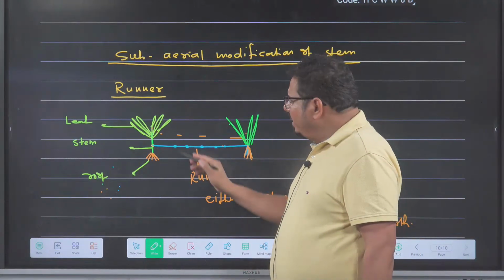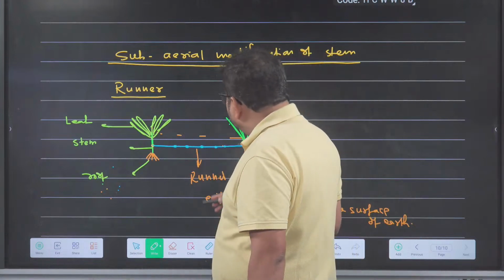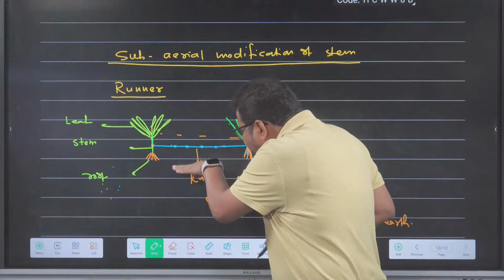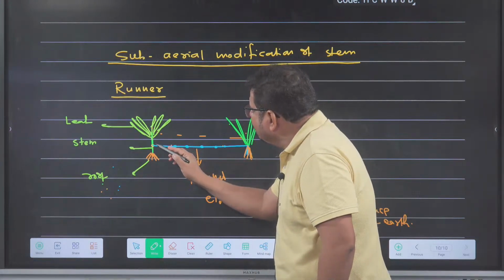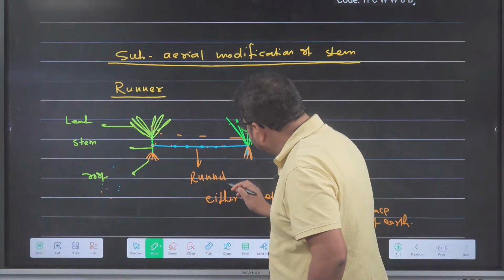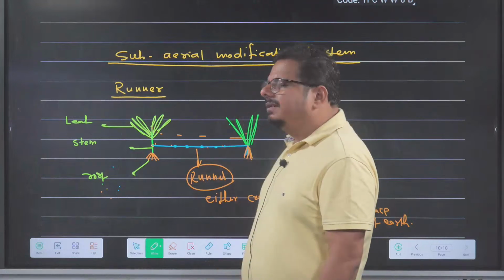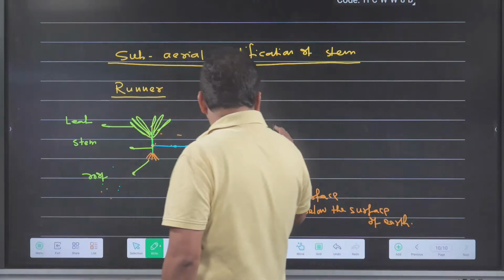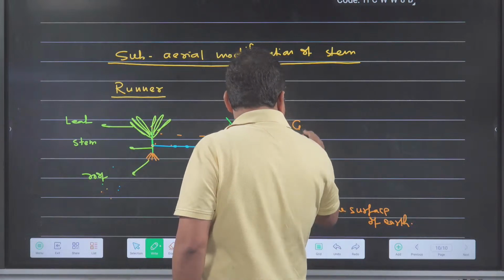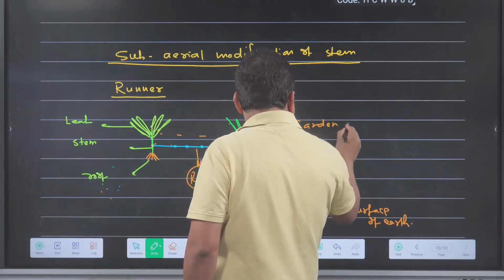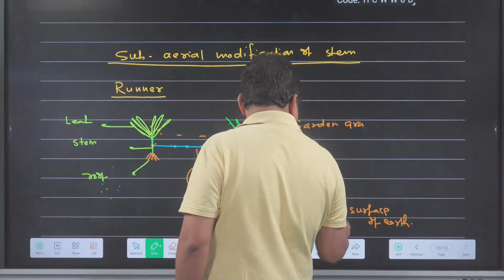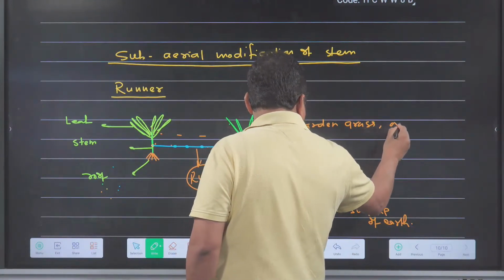Observe very carefully. You will find the runner either exactly on the surface or just below the surface, if you remove the soil. Are you getting the idea? So runner example is basically garden grass or oxalis. Another example, oxalis.